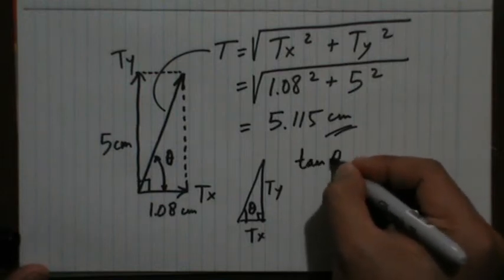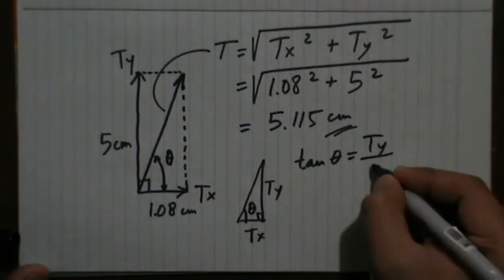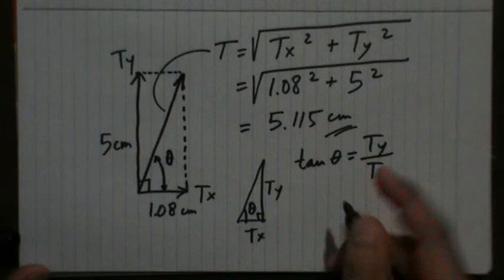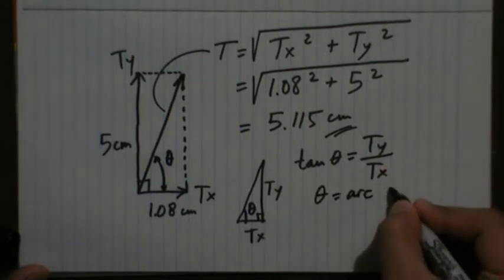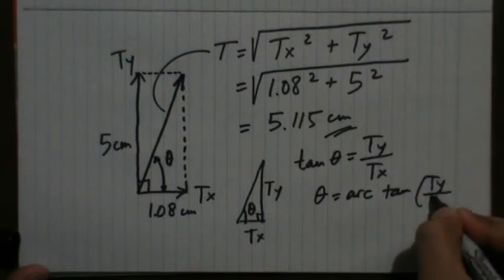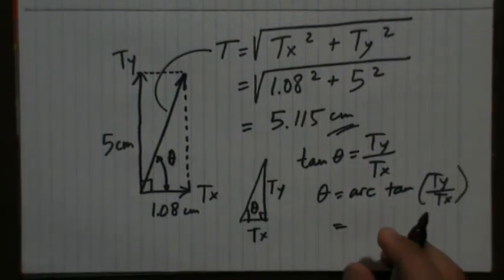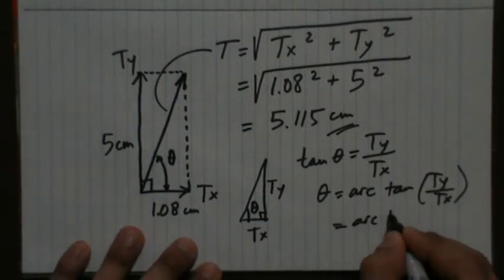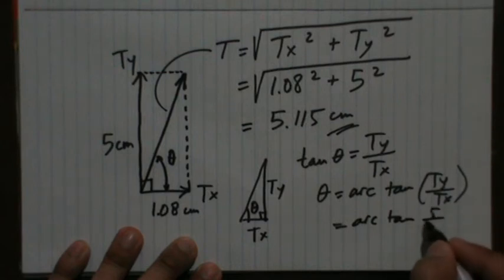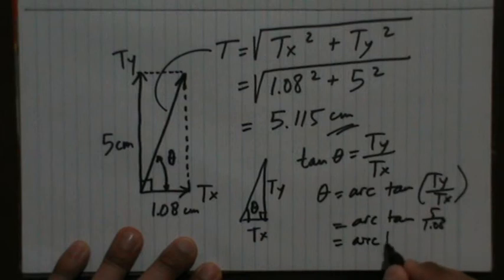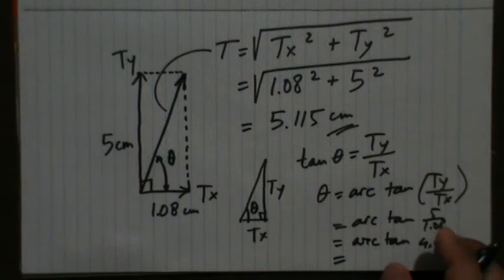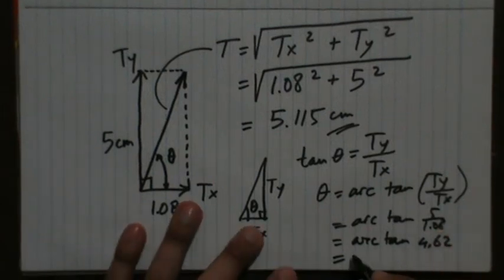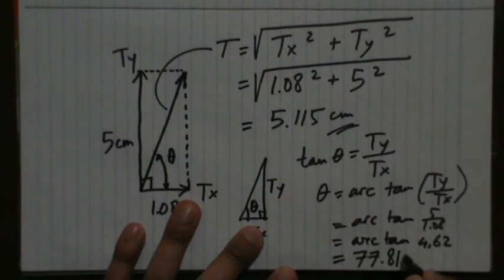So tangent theta here is Ty divided by Tx, or theta is the inverse tangent of 5 divided by 1.08. And here we get 77.81 degree.